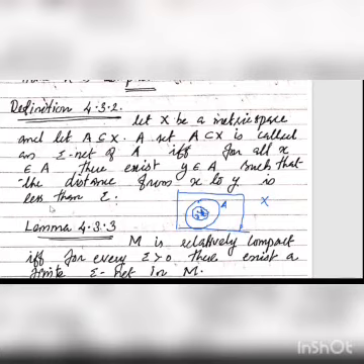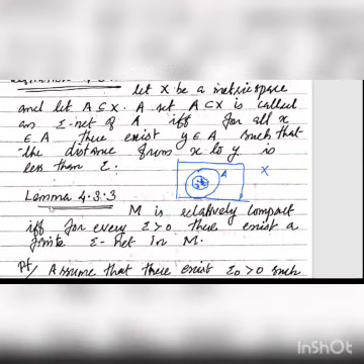Now here's the lemma. M is relatively compact if and only if for every epsilon greater than 0, there exists a finite epsilon net in M. That is, we want to prove it in two ways.